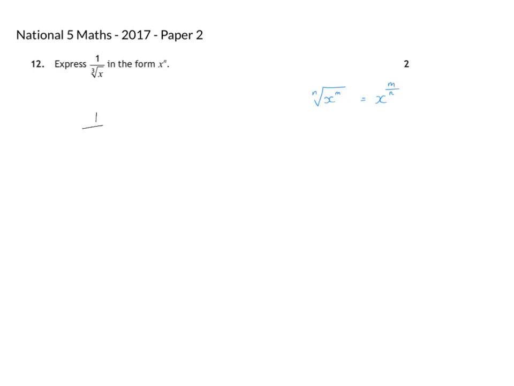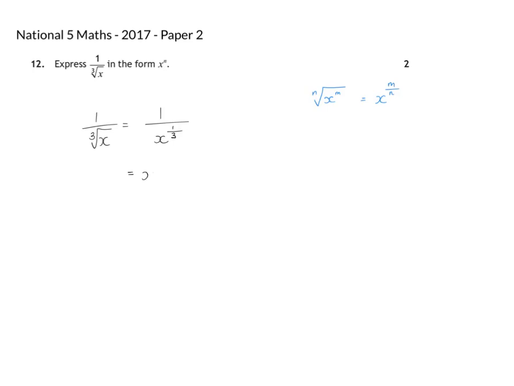over the cube root of x, we have 1 over, it's going to be x to a fractional power, and in here our power there, when there's no power written, then it's 1, so on the top of my fraction goes a 1, and then on the bottom of my fraction goes my root number, so that's a 3, so we get 1 over x to the power of a third, and then we need to write it as a positive index.